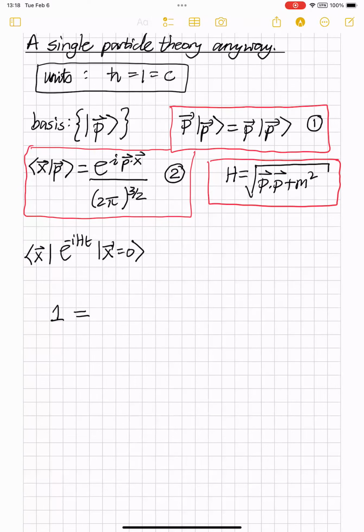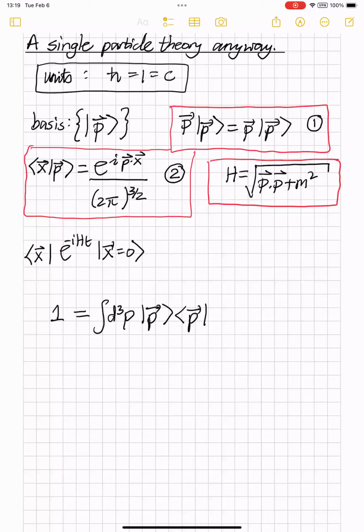operator 1 acting in Hilbert space is equal to the sum over a complete set of eigenstates. And I've chosen to insert here momentum eigenstates. And we'll see why that's a good idea in a moment.